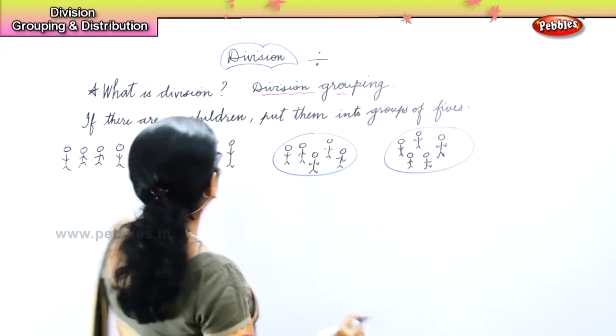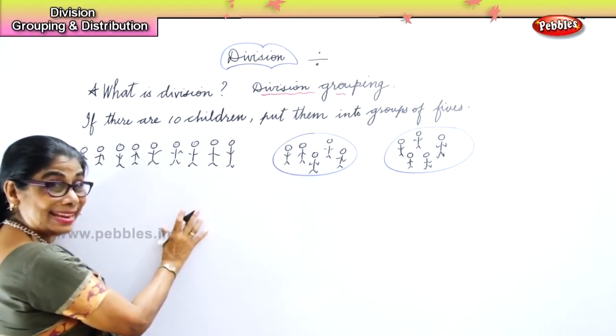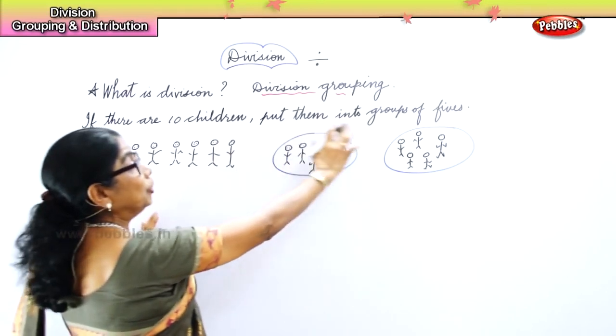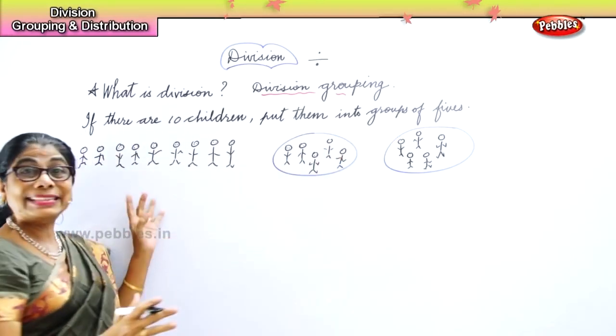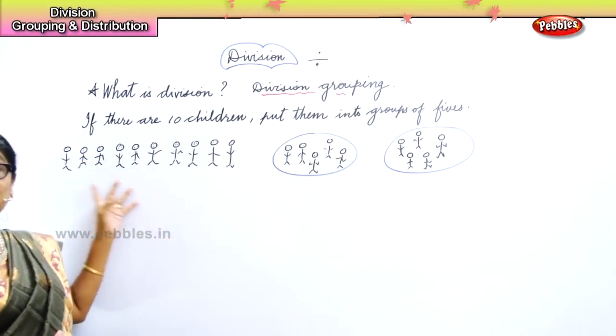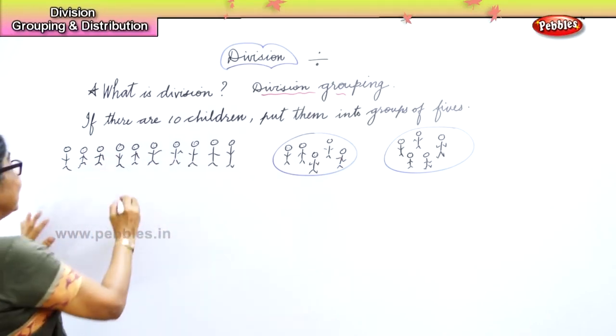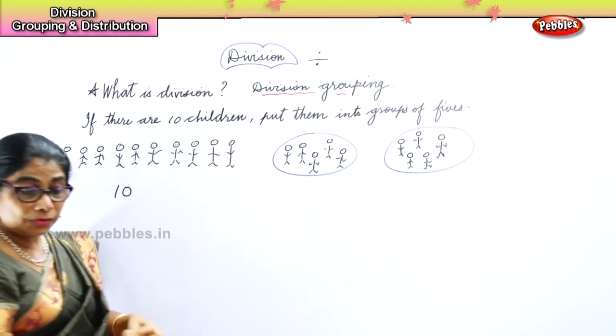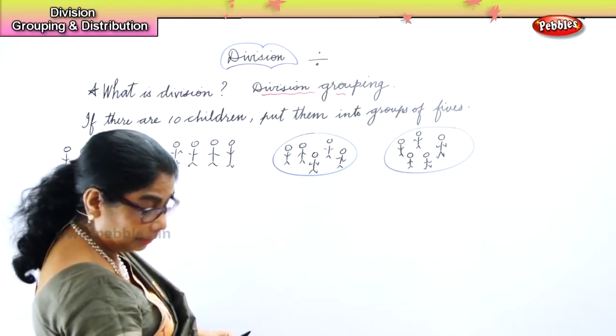So you have here 10. Put them into groups of 5. So you are dividing these 10 children. What is the symbol for division?